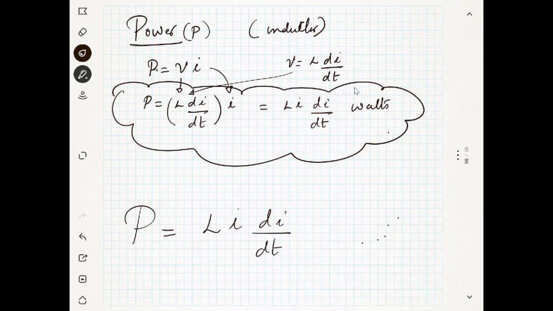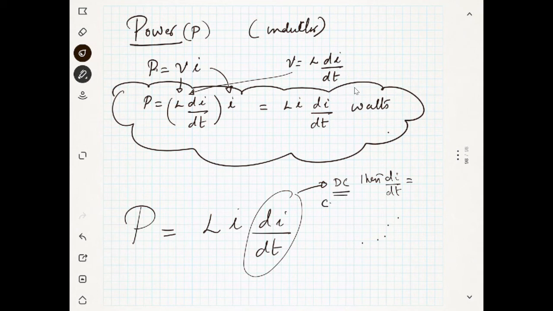You can see that if there is no change in the current, if the current is DC, then di by dt will be equal to how much? DC means the current will not change.